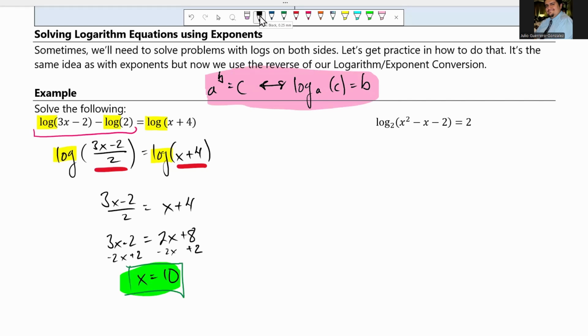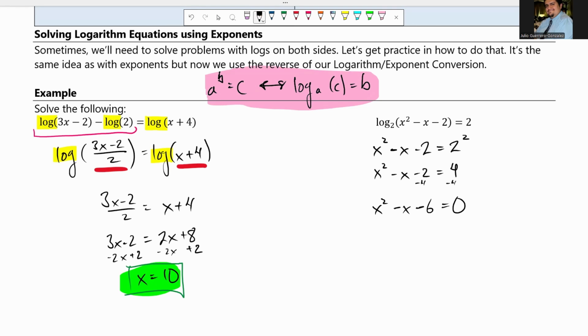This is telling me x squared minus x minus 2 has to be equal to 2 squared, which is 4. So minus 4 on both sides: x squared minus x minus 6 has to be equal to 0.